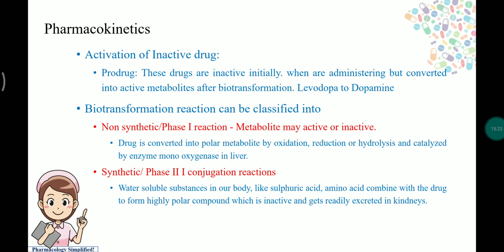So when they combine with amino acid or sulfuric acid to form highly polar compounds which are inactive, they get readily excreted through the kidneys. That is called synthetic or phase 2 conjugation reactions.